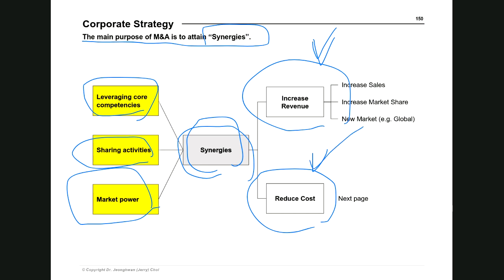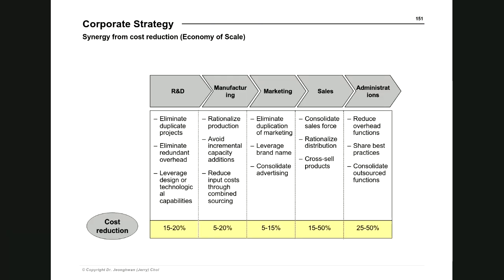How? Increasing sales, increasing market share, new markets. How can we reduce the cost? Throughout R&D, manufacturing, marketing, the value chain, by optimizing and increasing the efficiency and effectiveness of each value chain, we can reduce the cost. For example, what if we merge two companies' R&D?